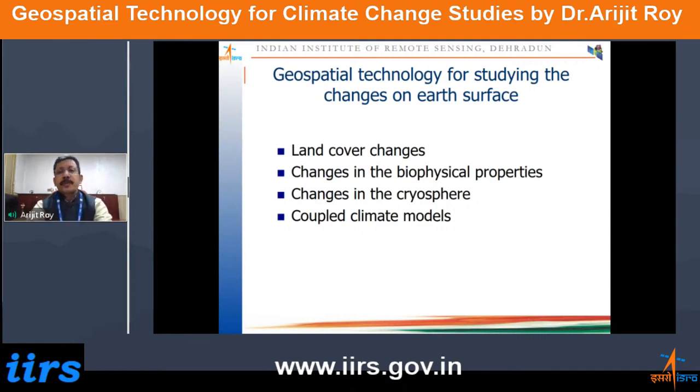So what are the geospatial technologies for studying these changes on the Earth's surface, which affect the radiative forcing? The prime among them is the land cover changes, followed by the changes in biophysical properties, the changes in the cryosphere, and their influence on the coupled climate models.